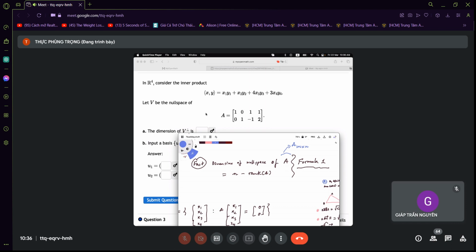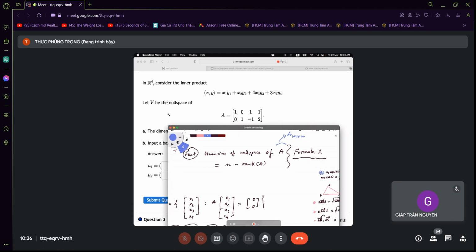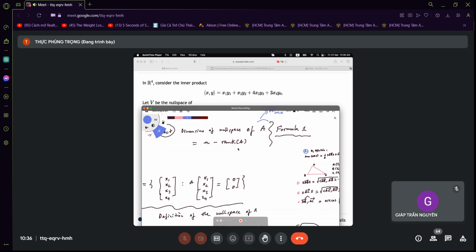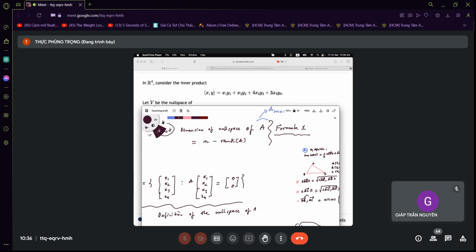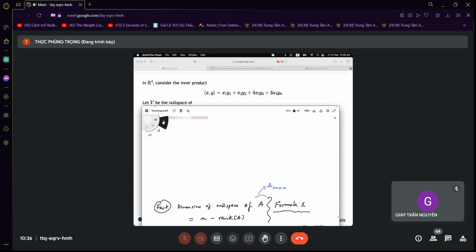And now I have another formula. Let's say formula 2. And second formula, we have a thing related to inner product spaces. That's the dimension of V. Maybe I write it in a different area.